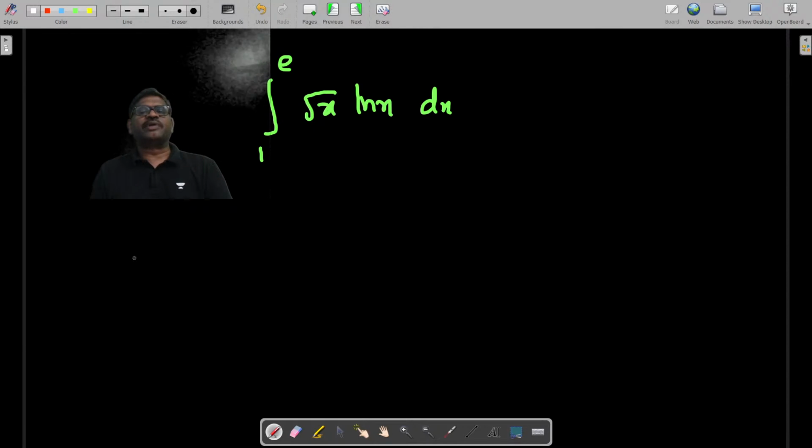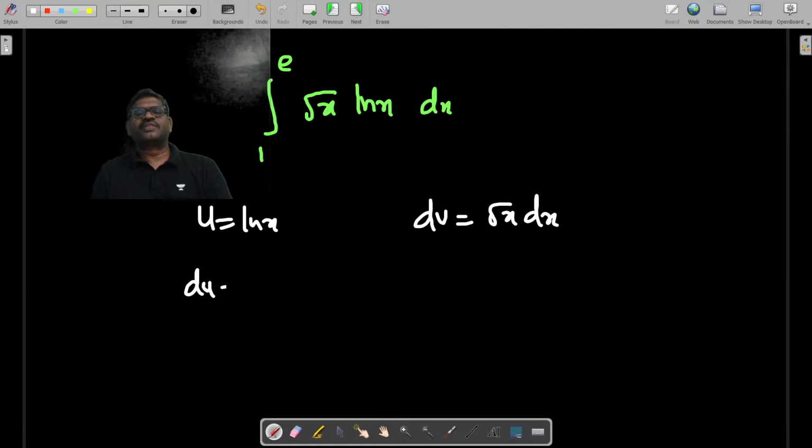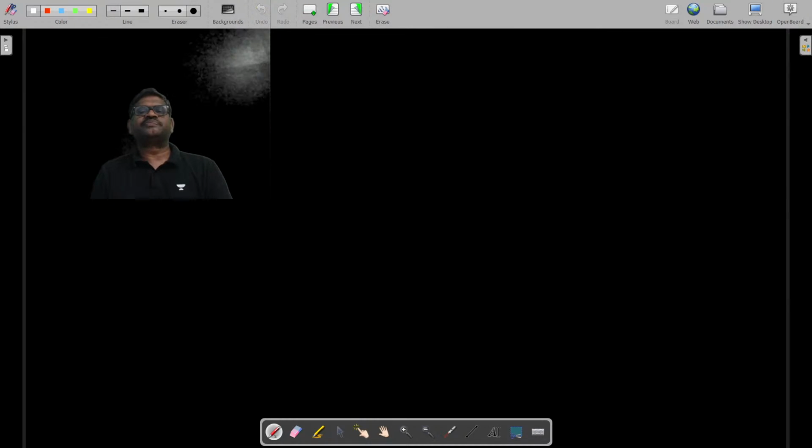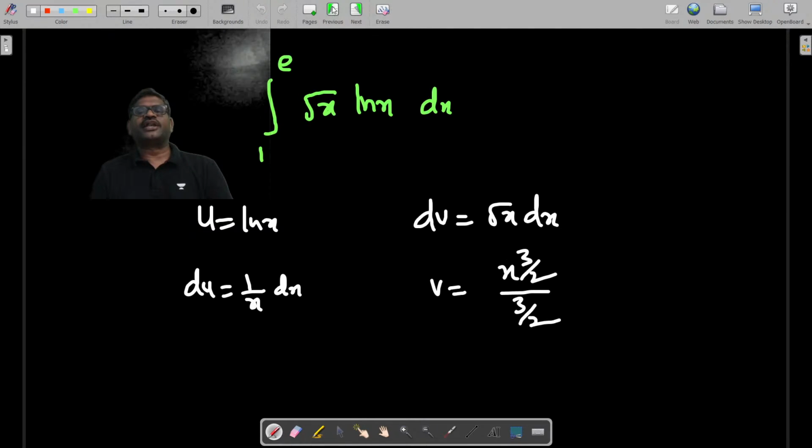You have to apply integration by parts. u is log x, dv is root x dx, du is 1 by x dx, and v is x power 3 by 2 by 3 by 2. Integral u dv equals uv minus integral v du.